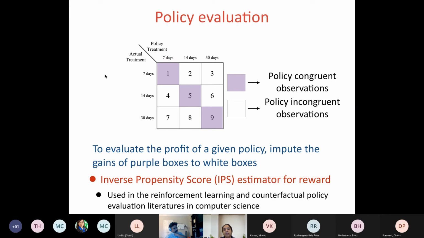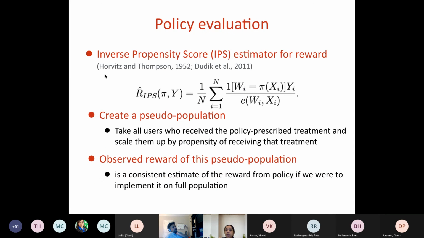Intuitively, if you can scale these people up, you basically have a measure of how your policy would do if it was actually given to everybody. So what we are really trying to do is take these purple boxes and impute them on the white boxes. This IPS estimator is pretty commonly used in the RL and counterfactual policy evaluation literature in both computer science as well as statistics and in many fields. It's not really new.